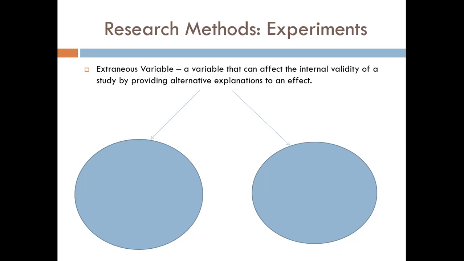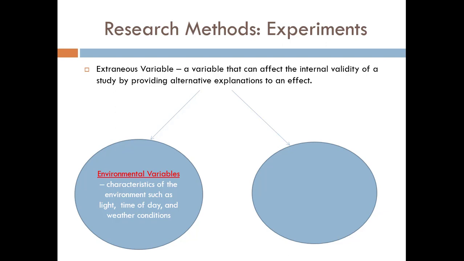Now let's talk a little bit about extraneous variables. Extraneous variables are variables that can affect the internal validity of a study by providing an alternative explanation to an effect. When conducting a study, it's important to control these variables to ensure that the results are based on the factor we are manipulating and nothing else. There are two primary types of extraneous variables.